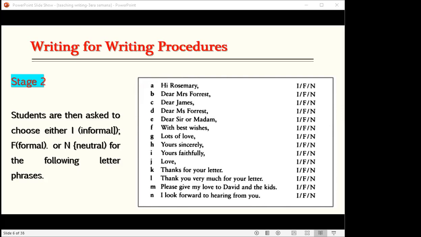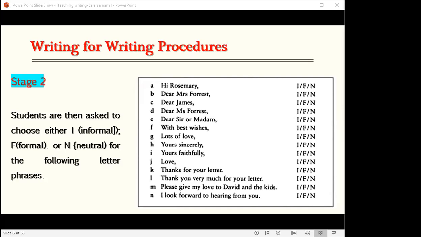It depends on us, on the person you're writing to. So we call this the general aspect. What is the aspect that the students are going to develop here? To identify the different registers. Remember, this is the purpose of this activity. The students are going to identify the different register.